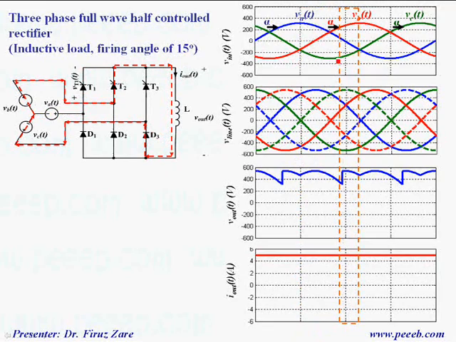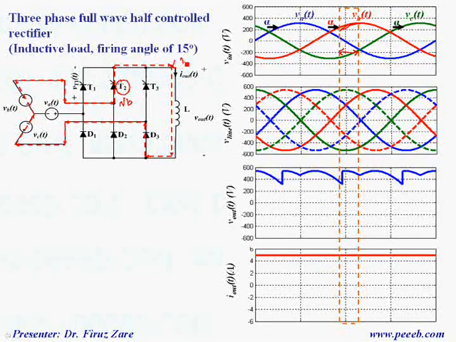So over this cycle here we can see that T2 is turned on. So this portion of input voltage appears at this terminal. That means phase B is connected to this terminal, whereas this terminal is connected to phase C. So over this period, the output voltage is VBC, line voltage of BC.